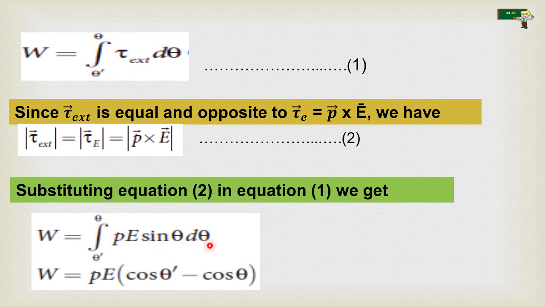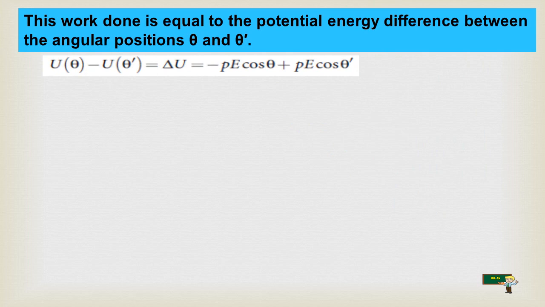While integrating sin theta d theta, we get W equal to P E into cos theta dash minus cos theta. This work done is equal to the potential energy difference between the angular positions theta and theta dash.